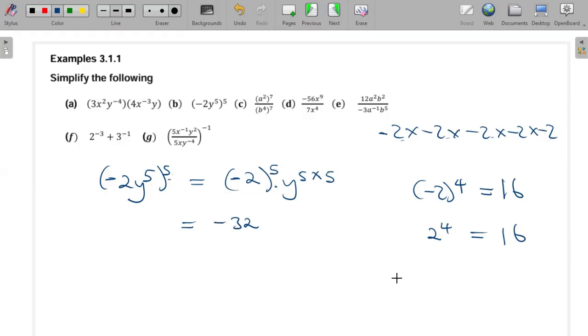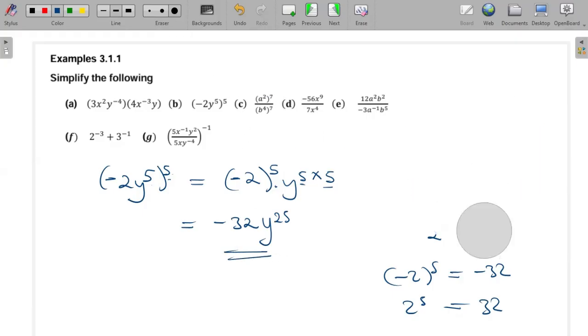So negative 2 raised to the power 5 gives us negative 32, which is different from 2 to the power 5, which is 32. Keep that in note: if you raise a negative to an odd power, it will just give you a negative sign. So we get negative 32, and here you have y, which is 5 multiplied by 5, that gives you 25. So this is what you get.